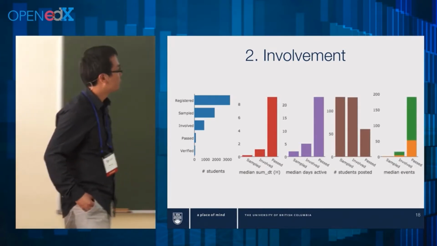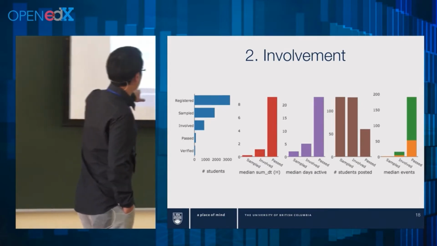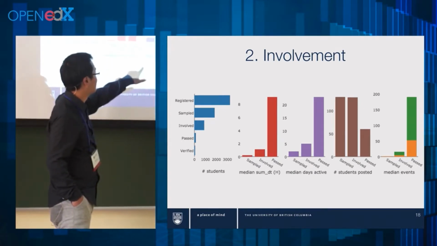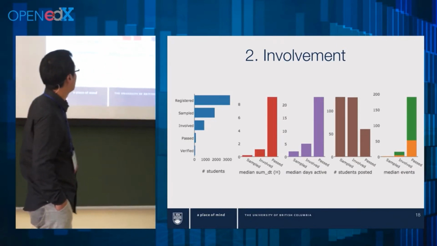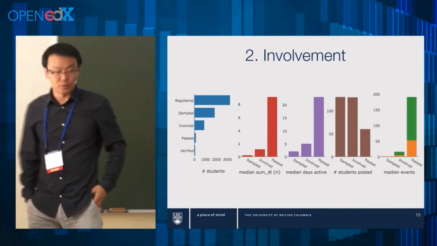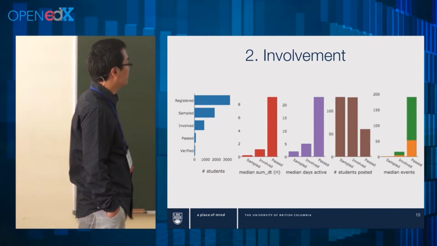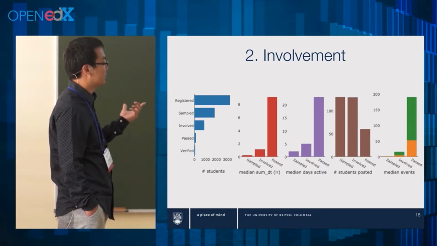Those 4 charts are based on the first one, and they show different types of student involvement. The first one shows how much time students spend in the course for each type.